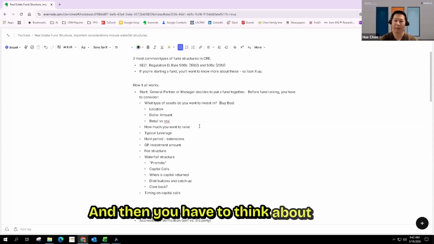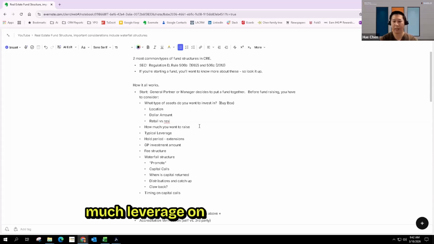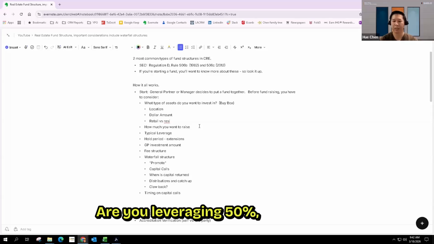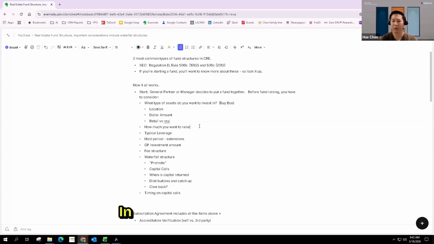And then you have to think about how much leverage on average you're going to be putting onto your properties. Are you leveraging 50%, 60%, 65%? In our world, you rarely see leverage above 65%, which means you need to raise 35% of the purchase price as equity, in addition to the transaction costs and the cash reserves that you have up front.